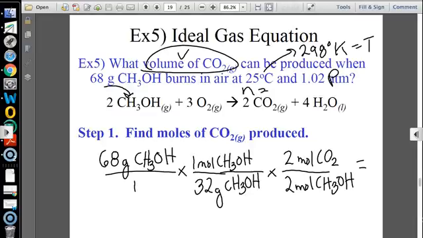I rounded a slight bit on my molar mass, but I'm not sad about it. And I'm not done yet, so I'm okay with writing all these numbers down.